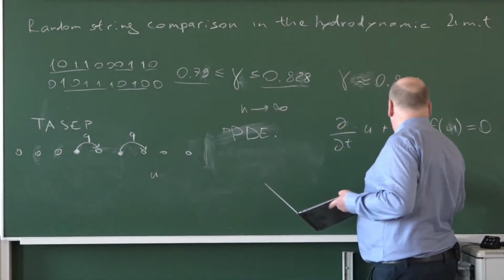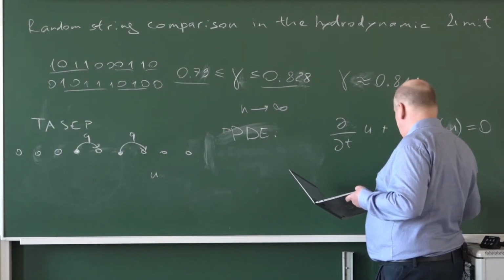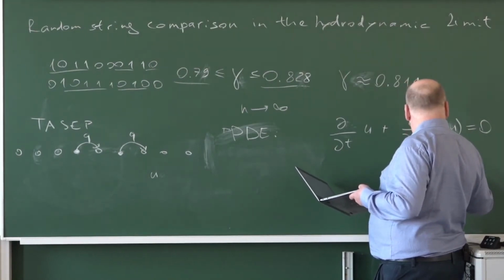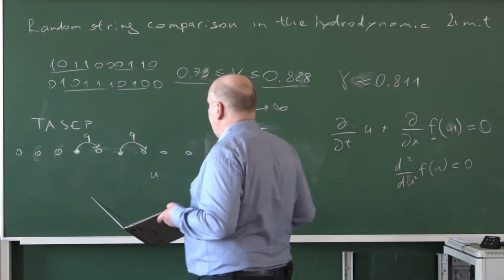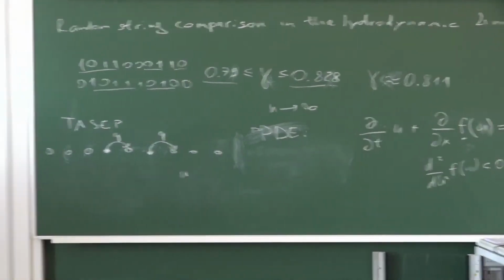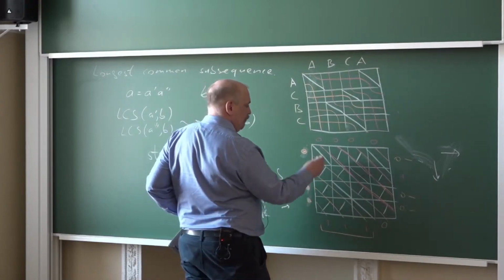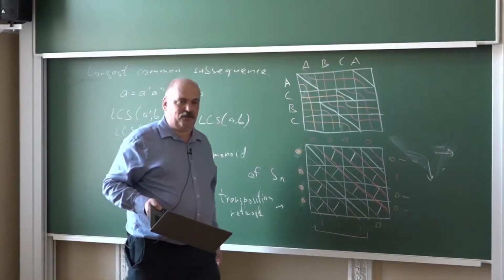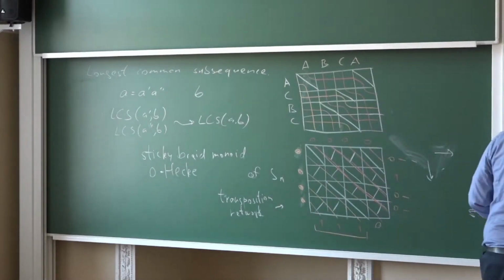We assume that the flux is strictly concave, and we are interested in the step initial condition for the TASEP. What do I mean by that? We have all the holes on the right, and all the particles on the left.